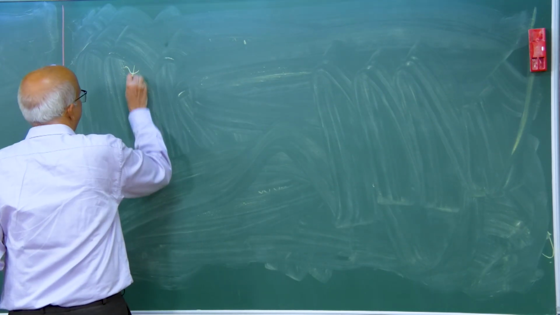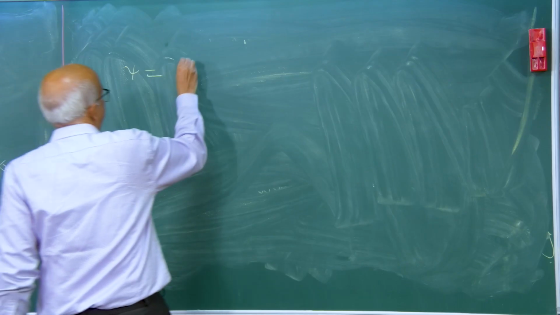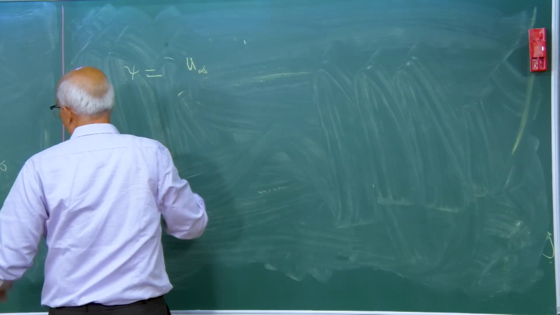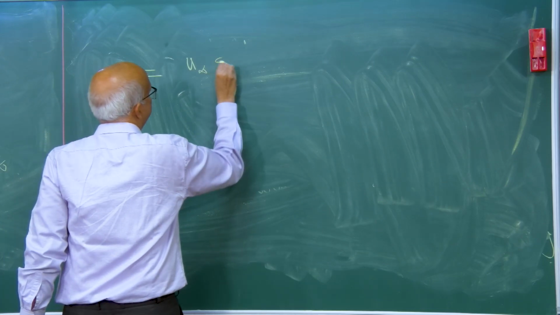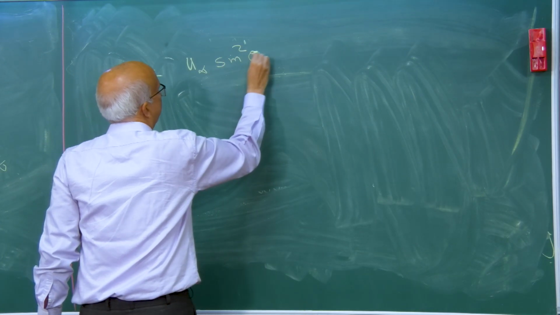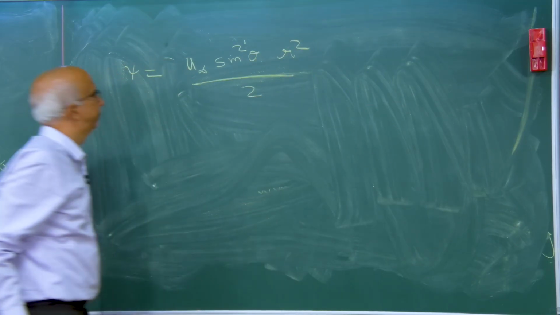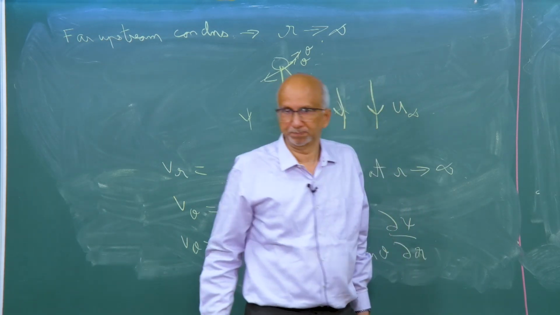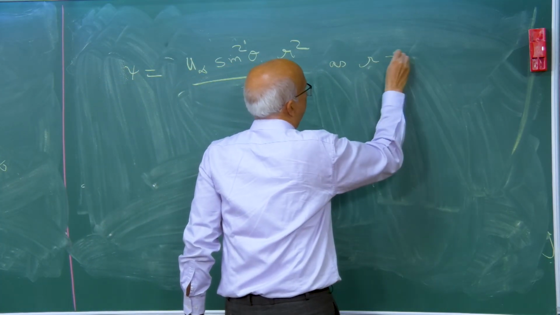So psi will be u infinity, integrating with respect to r, so theta is treated as constant, theta times r squared divided by 2. That is what you get as r tends to infinity.